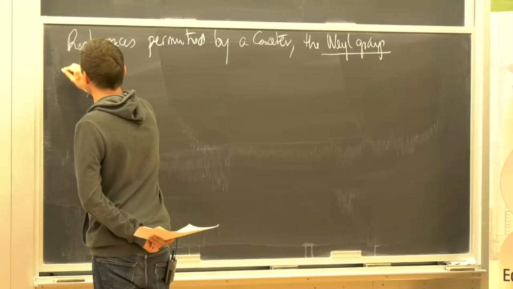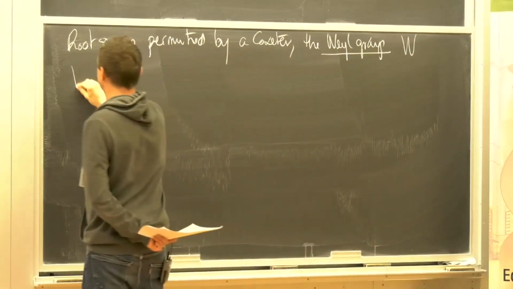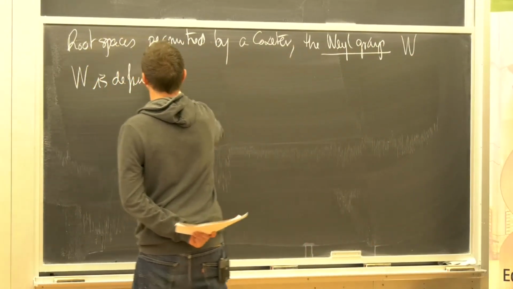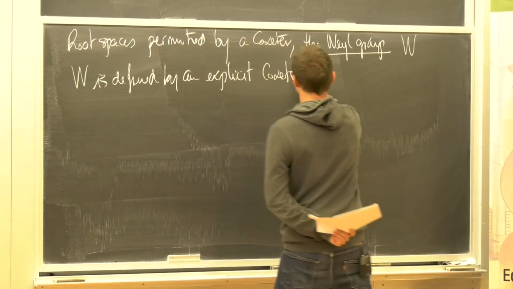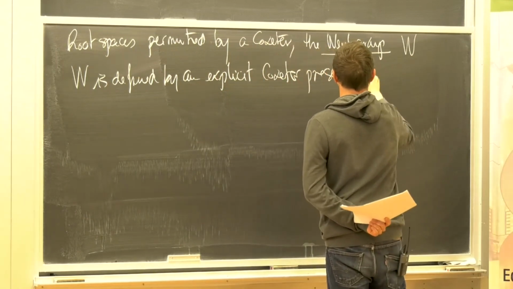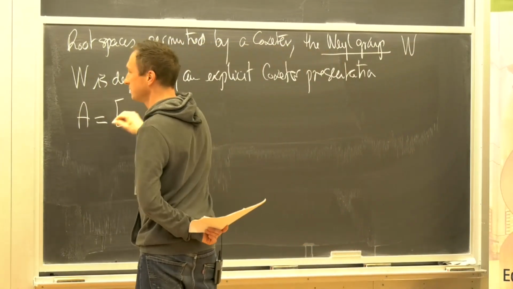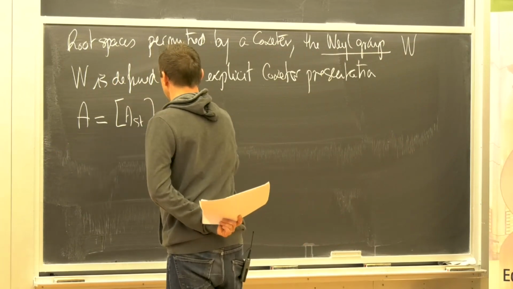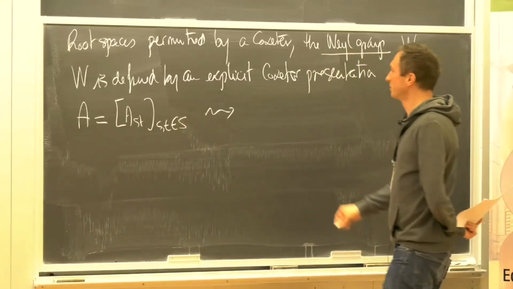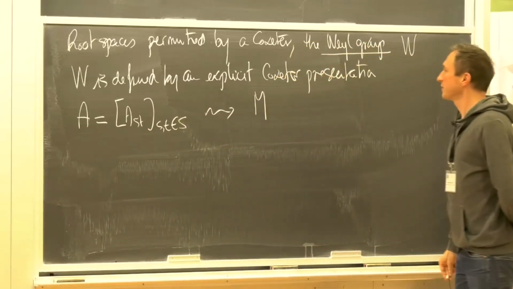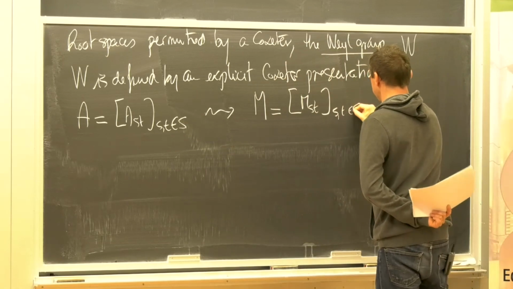In the recipe, let's call it W. W is defined by an explicit Coxeter presentation. Namely, if we call A_ST the coefficients of the generalized Cartan matrix, then out of this matrix we can cook up another, now symmetric, matrix by the following rule.